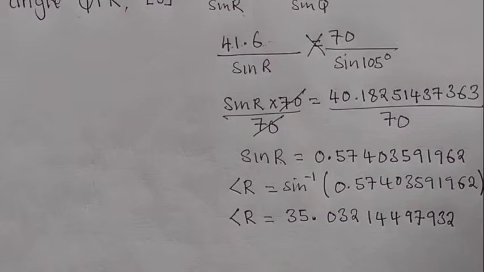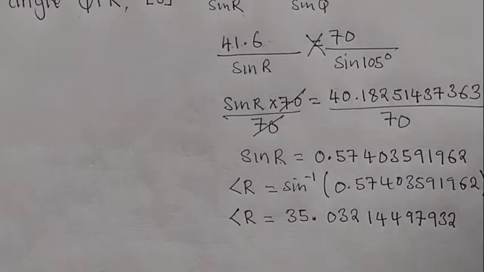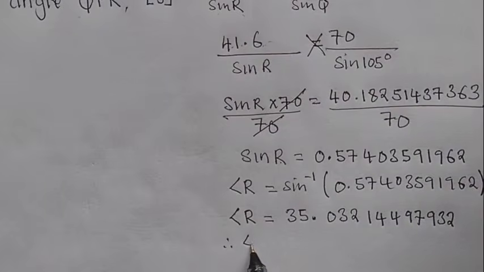Make sure that you are also punching it on your calculator so that we come up with the same values. So therefore, angle R is equal to, remember what the rule says: if the degree of accuracy is not specified in the question, leave your answer correct to 3 significant figures. So for angles, just 1 decimal place.